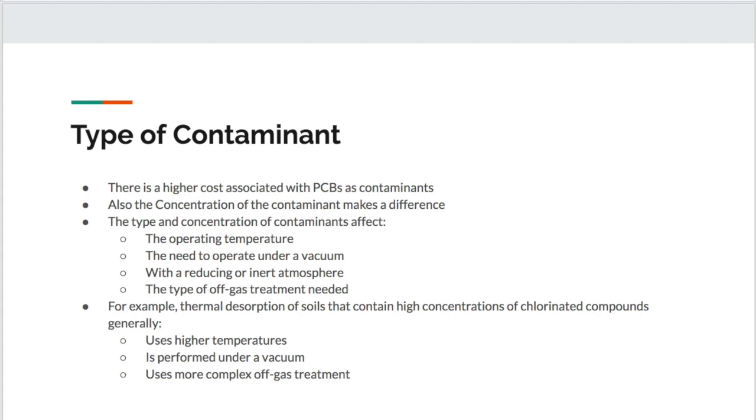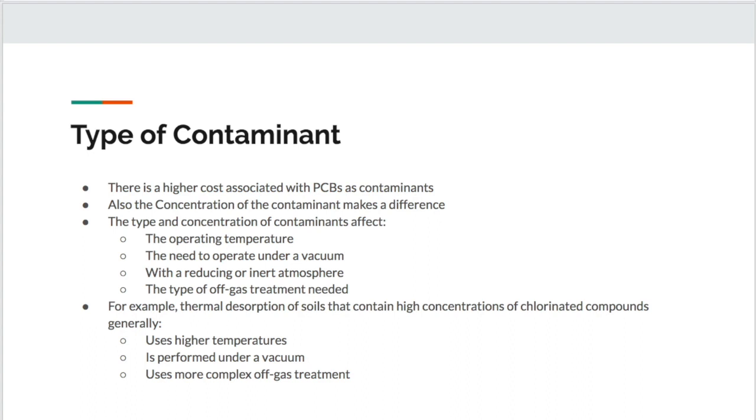There's a higher cost associated with contaminants such as PCBs. There's also the concentration of the contaminant, which makes a huge difference in how you're remediating it and the cost associated with this. So the type and concentration of contaminants affects the operating temperature, the need to operate under a vacuum and with a reducing or inert atmosphere, and the type of off-gas treatment that's needed.